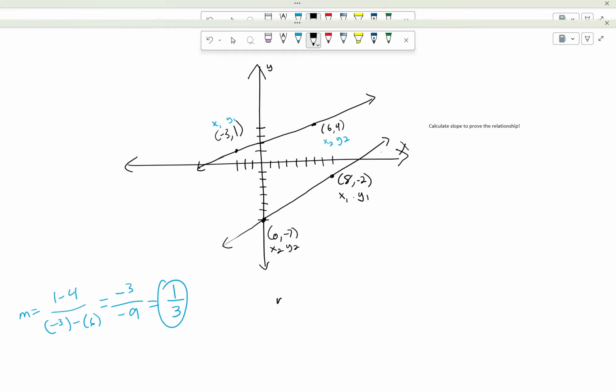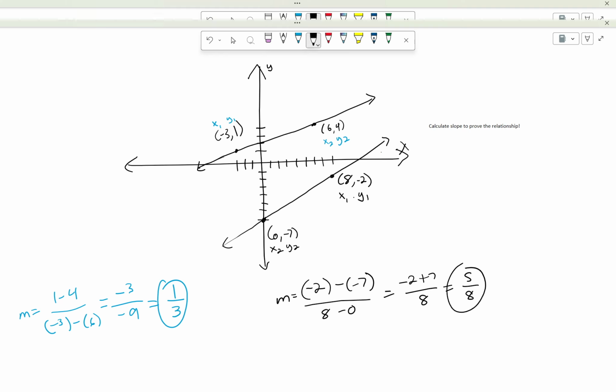So my slope is going to be, oops, it's going to be y over x, right? So negative 2 minus negative 7. And then I'm going to have 8 minus 0. So I have negative 2 minus minus, right? So plus 7 over 8, which is going to give me 5 over 8 as my slope.